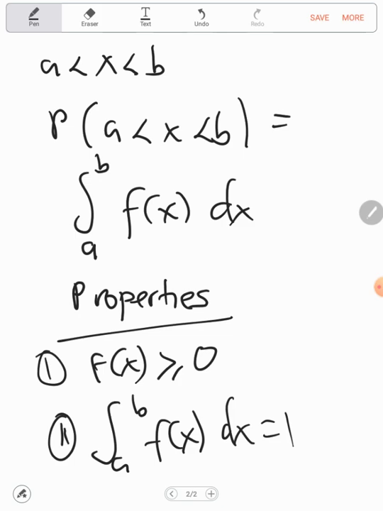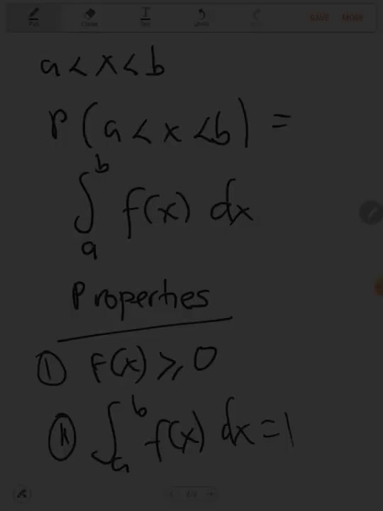So similarly, even for continuous random variables, the integral of f of x between this given range of x should be 1. Okay, so those are the properties of continuous random variables.